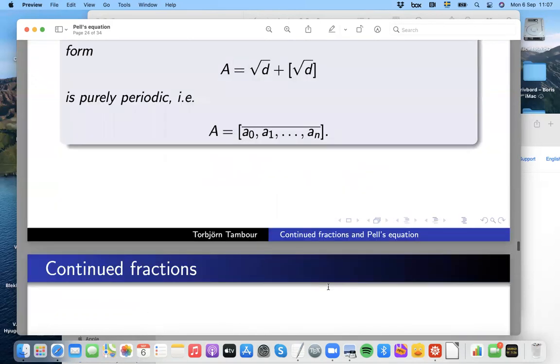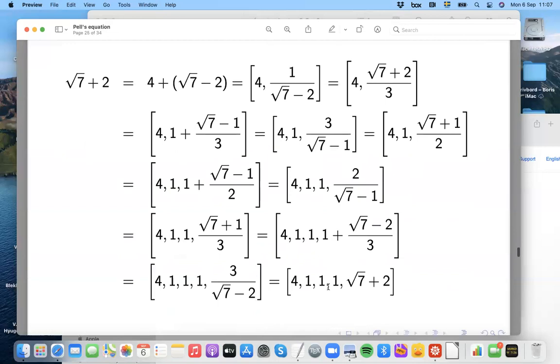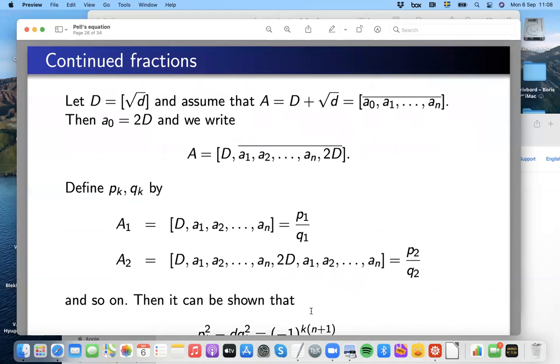But I wonder, is it a mistake here? It seems like it has a non-periodic part which starts with 4, and then it's just ones repeating all the time.